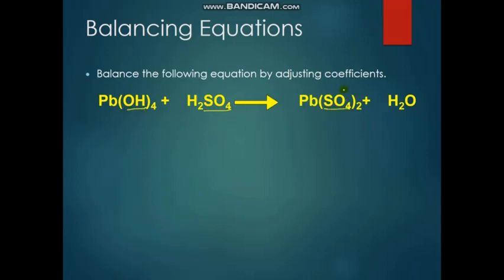Here's the thing. If you found the hydroxide ion in one side of the equation, and then you have water in the other side of the equation, you can rearrange the formula of water. So we will make it H hydroxide. So as you can see here, we just rearrange the formula for water.